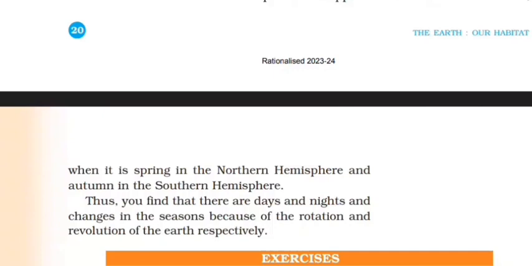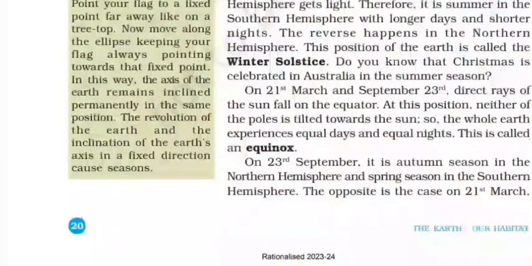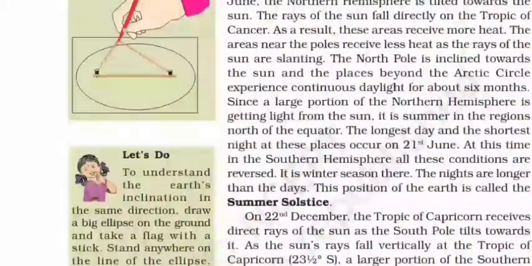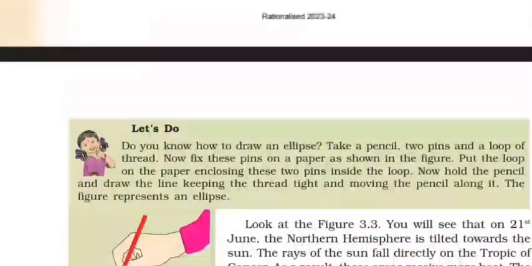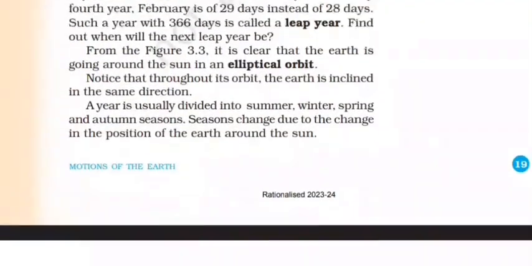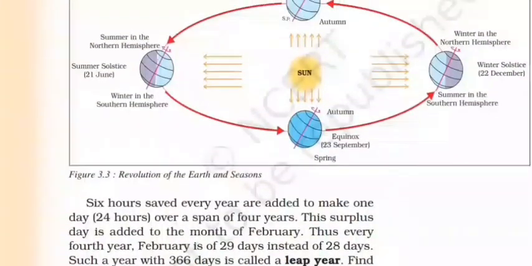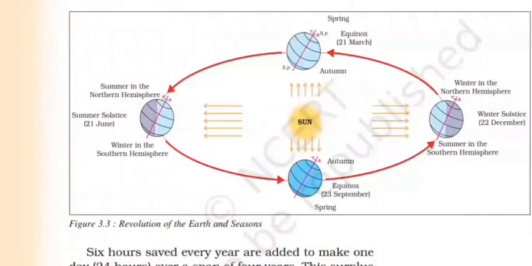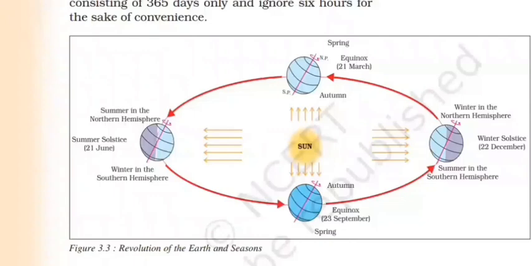Thus you find days and nights and changes in the season because of the rotation and revolution of the earth respectively. In this chapter we have learned what rotation and revolution are and what they cause. Rotation causes the change in day and night, and revolution causes change in the season.